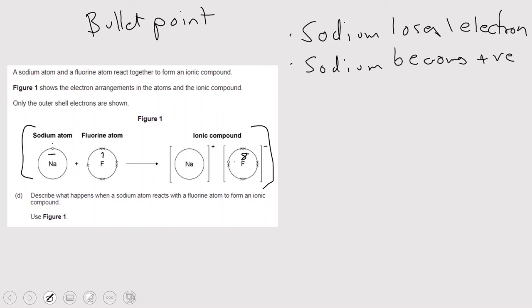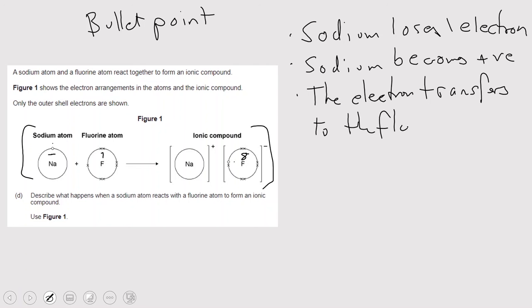Now, the next part we need to talk about is what happens with that electron. So the electron transfers, and transfer is quite a key word here. I would always use electron transfer when we are talking about ionic compounds, just because it makes it very, very clear what you are trying to say.